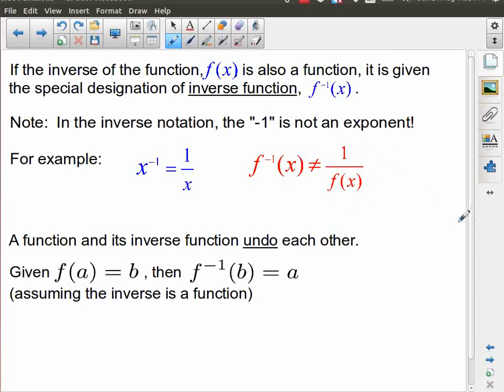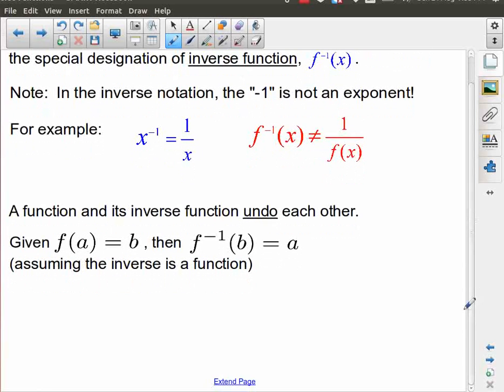And then the other thing, and this is probably something that's been said to you before, and this is one of those ones where it just comes with understanding, the idea that a function and its inverse undo each other. And this is a very important concept in mathematics. And it comes back to the idea that a function is like a machine.